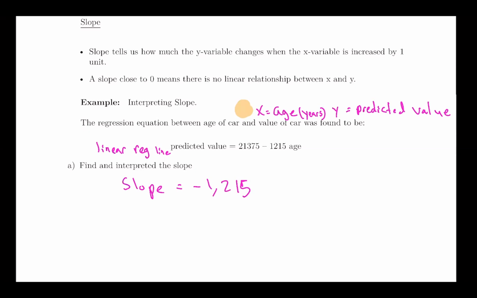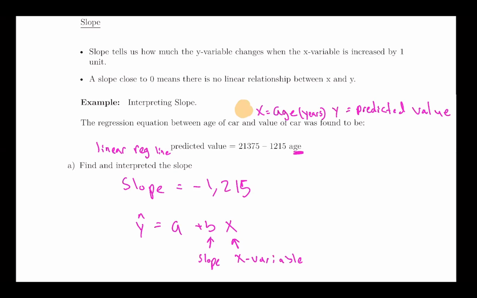Any question why negative 1,215 is the slope? Yeah, can you explain how you got that? Yeah, sure. If you remember, y hat is equal to a plus b of x. So your slope is always next to your x variable.